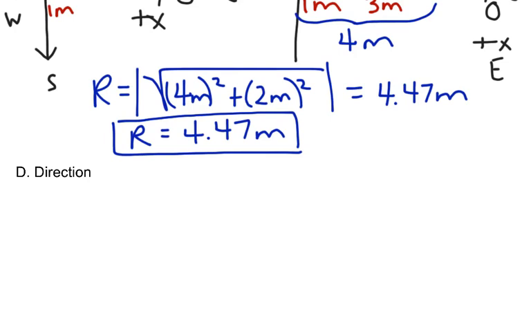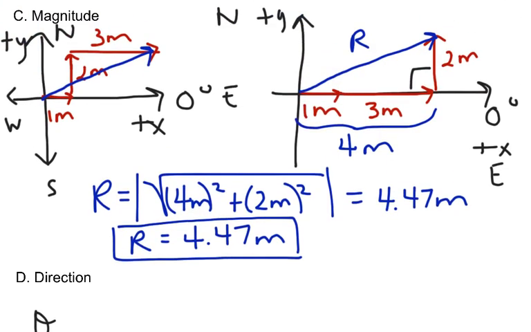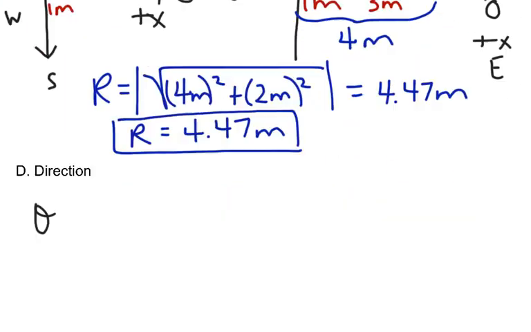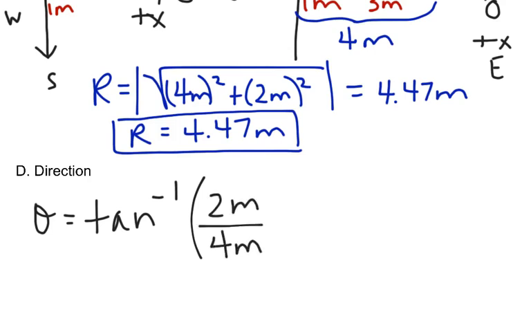For my direction, or my theta, do I have theta drawn in the picture? Let me double check here. Let's draw that in so we know where theta is. There's theta. For theta, I'm going to use the inverse tangent of 2 meters over 4 meters, and that equals 26.6 degrees.